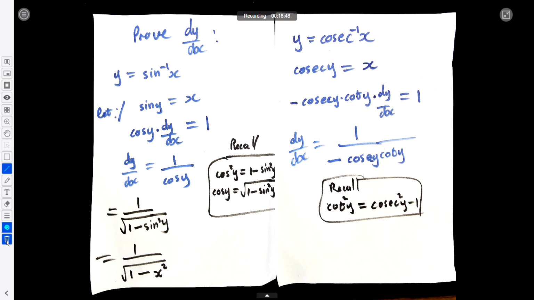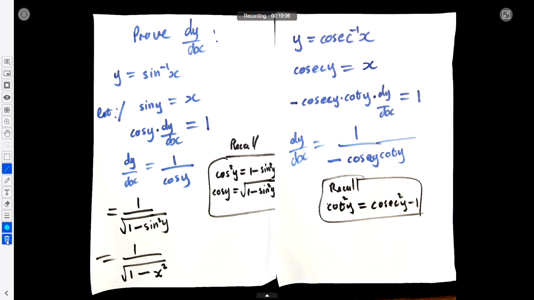That is the square identity, because 1 plus cot squared y is equal to cosec squared y. It's there in your formula sheet. So we took the 1 to the other side, making cot y the subject of the formula.